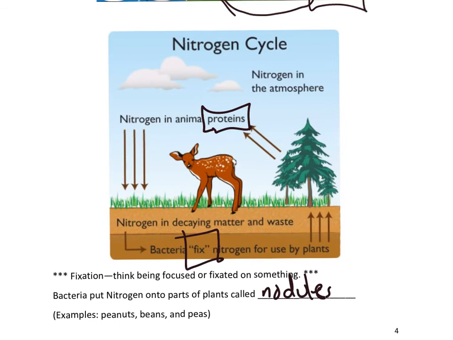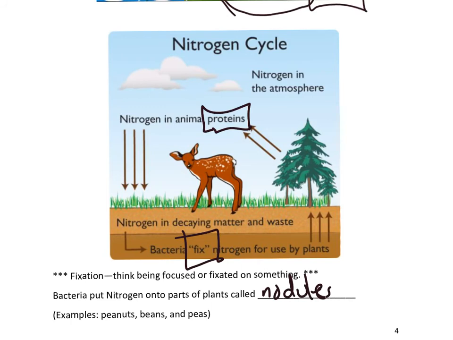Right, the bacteria that are in our dirt, in the soil, fix that nitrogen onto the plants. And examples of plant nodules include peanuts and beans and peas. So when you eat those things, you're eating vegetables, but you're also eating highly nitrogenated food because bacteria fix the nitrogen atoms onto those parts of plants.